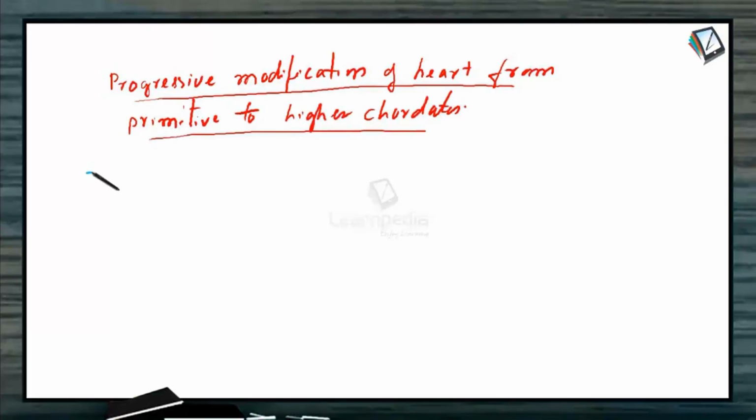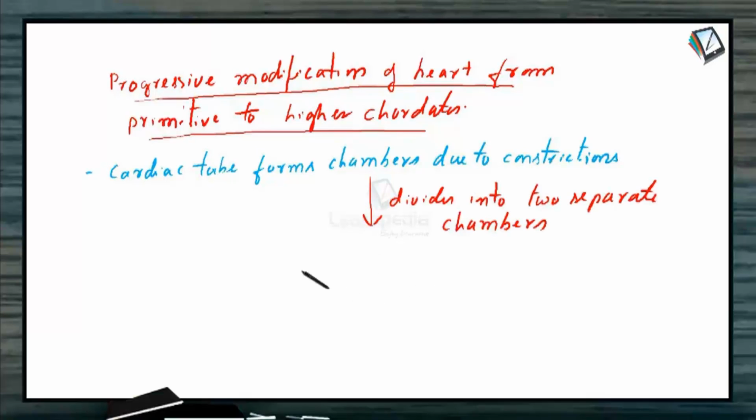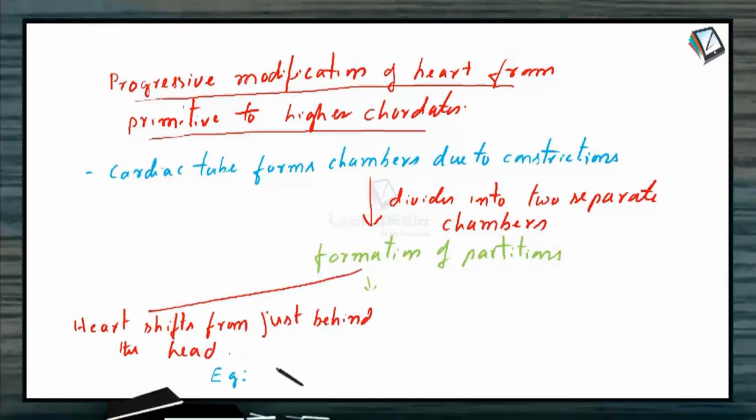First, a cardiac tube forms chambers due to constrictions. Then each chamber tends to divide into two separate chambers. And then finally formation of partitions. And gradually the heart shifts from behind the head. Example, fishes and amphibians. And this one is near to the gills in case of fishes and amphibians.